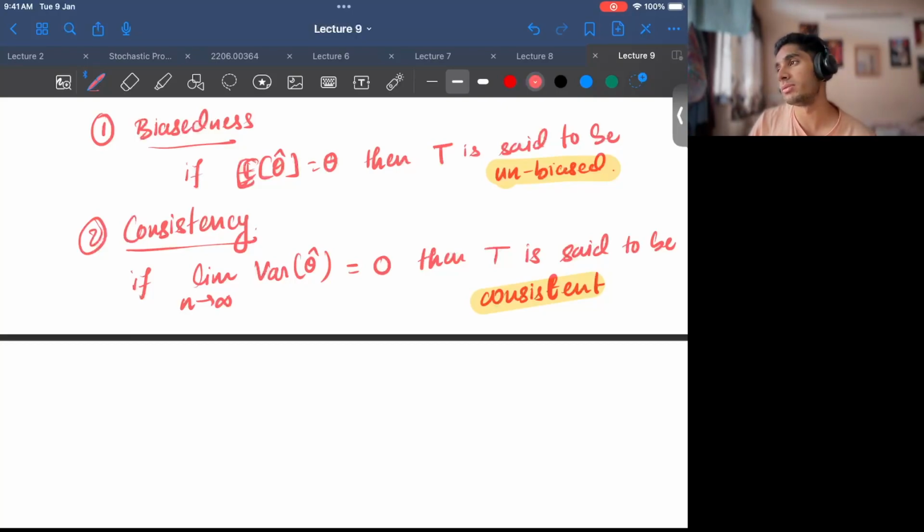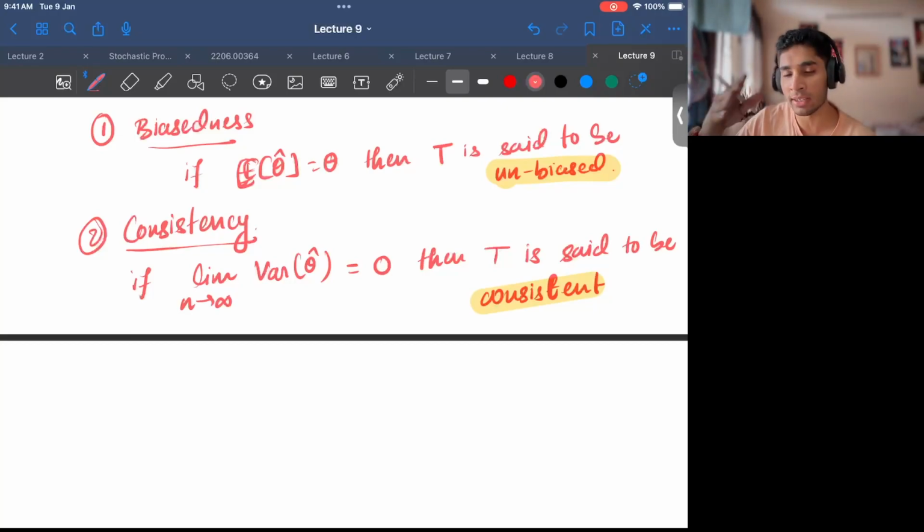This is another desired property: you don't want your estimator to vary a lot if you have enough samples. However, consistency alone is not of significant use, because it can keep giving you the same value of theta, and that value might be wrong. Similarly, an unbiased estimator is in itself not a good thing.